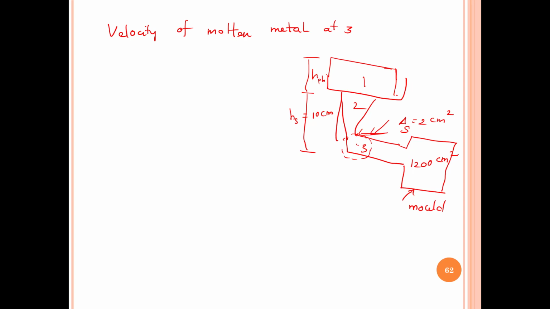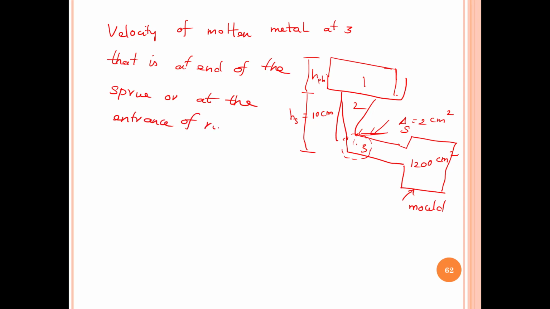At 3, that is the end of the sprue or the entrance of the runner.